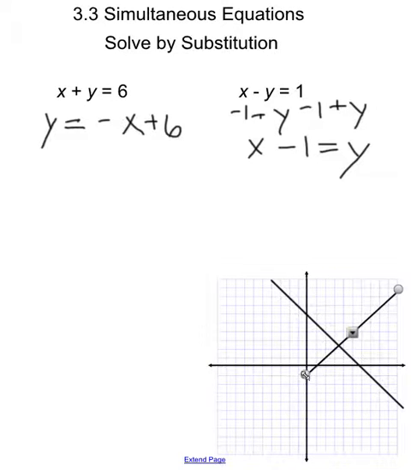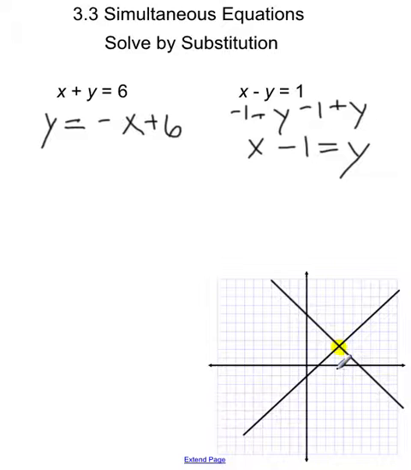But if you have any sort of unsteady hand or you're not using a ruler very carefully, you might get kind of wiggly lines and you're not exactly sure if your graphing was perfectly accurate. And can you see the problem I'm having right here? I do get a point of intersection, but that point of intersection is not easy to tell what it is. So I have to estimate what that point is.